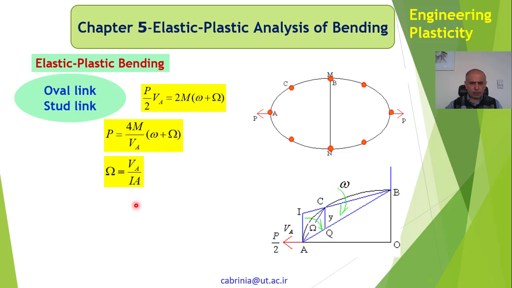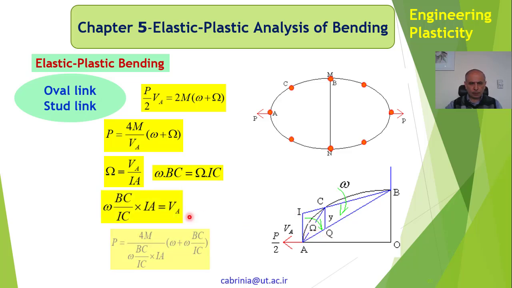Now the big omega, we say, is VA divided by IA. Since IA is the distance from the instantaneous center to A, this link moves with the angular velocity of VA over IA. And similarly, I can write this big omega times IC, and the small omega times BC. BC times omega, IC times omega.